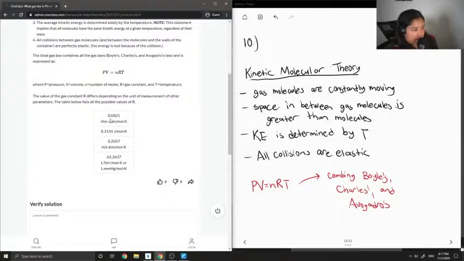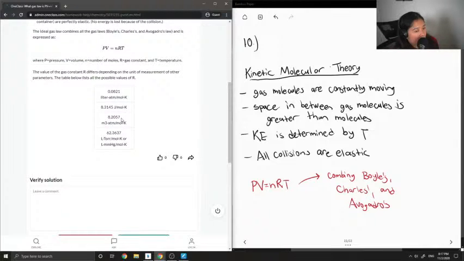This 0.0821 is the same thing that I calculated in the previous question, and it is in liters times atm over mole times Kelvin. 8.3145 is another common R value that you may have to deal with, and its units are joules over mole times Kelvin.